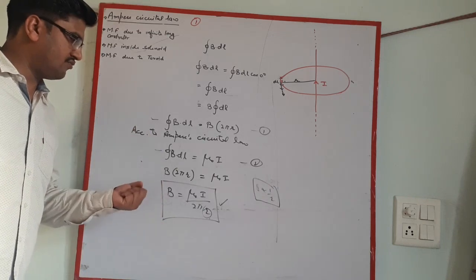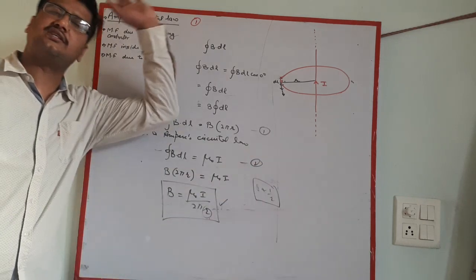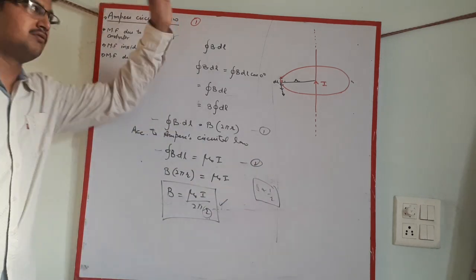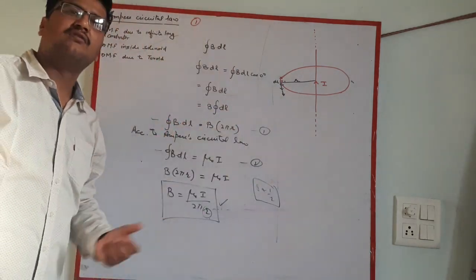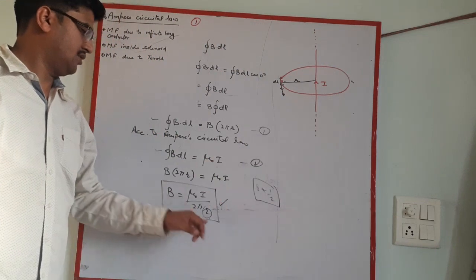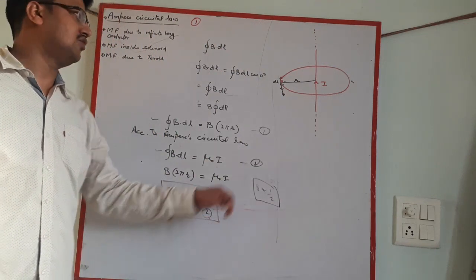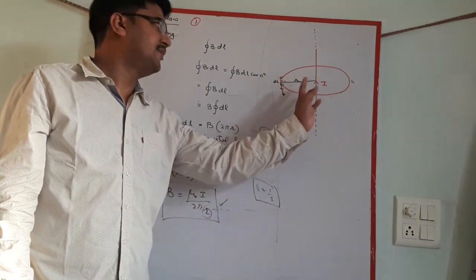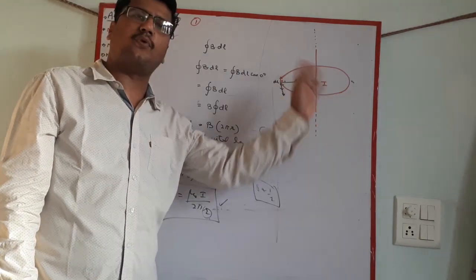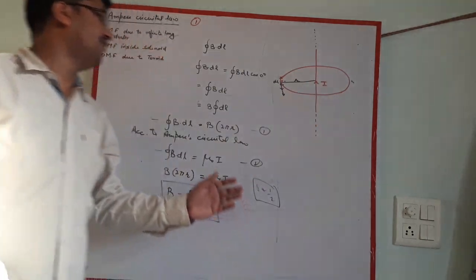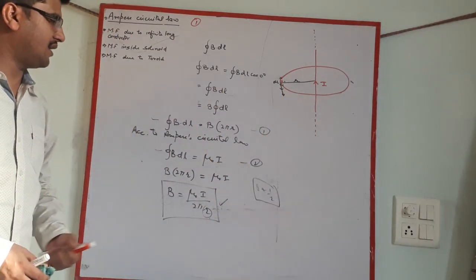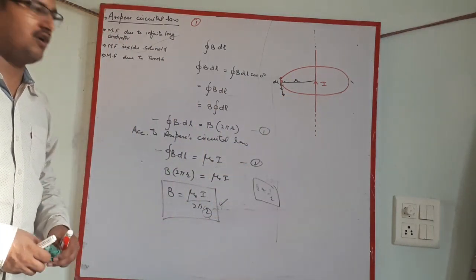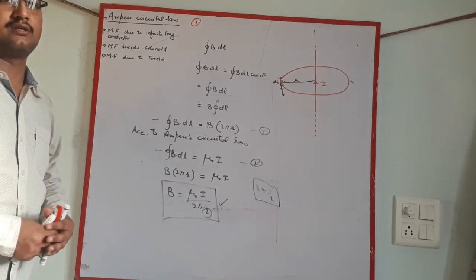And third, though the conductor is infinite, still the magnetic field is finite. Because it depends upon r, the magnetic field will shoot up if r becomes very small, and will decrease if r becomes very large. These are some conclusions which we can draw from this relation.